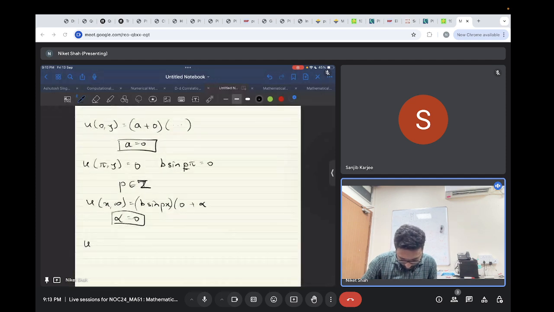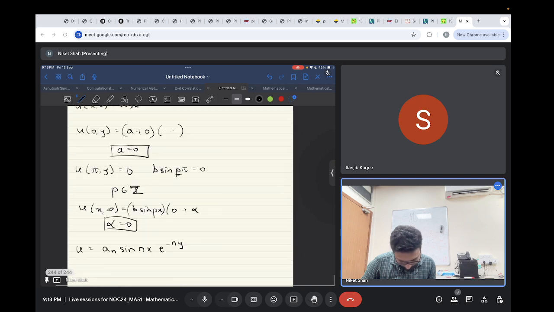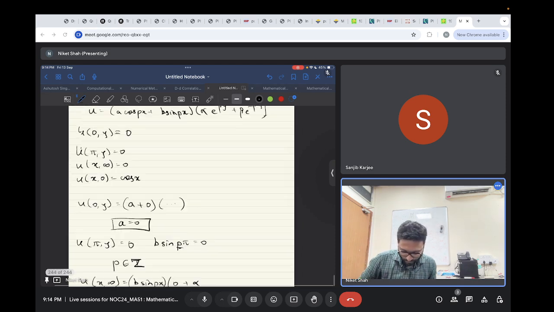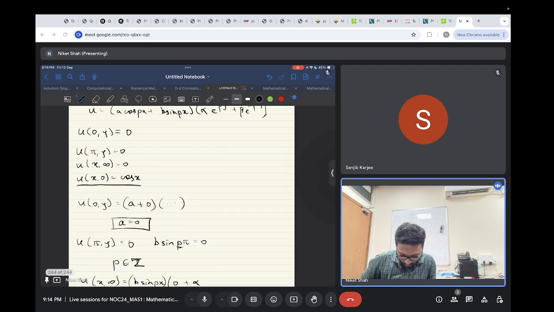So now what is the form of u? The form that we get of u is some constant, let's call it a_n, sine nx, e raised to power minus ny, since we said p belongs to integers. This is the form of u that we get. And now we've been told that u of x comma 0 is cos x.